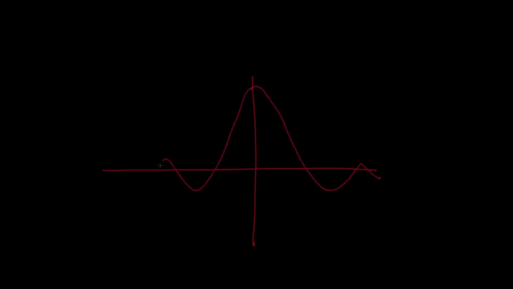So this is our windowed impulse response. When we sample this and store it into our array, we use n equals 0 here, n equals 1, all the way to n equals filter length.